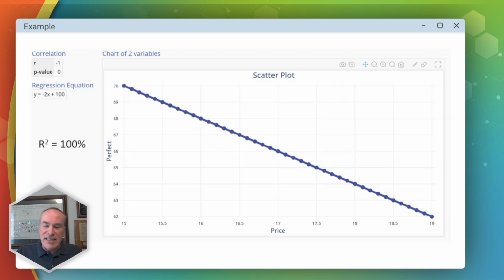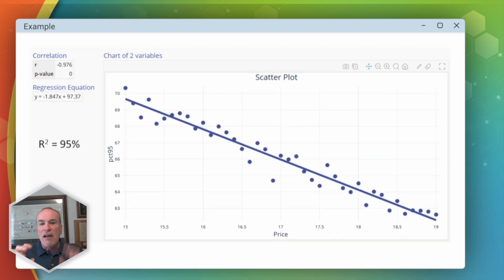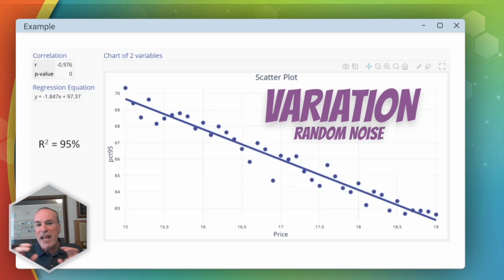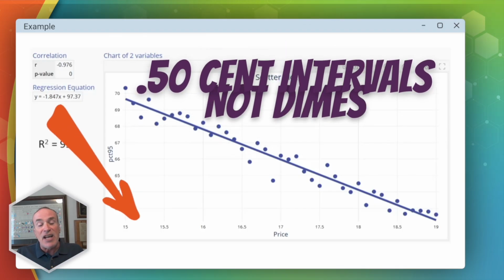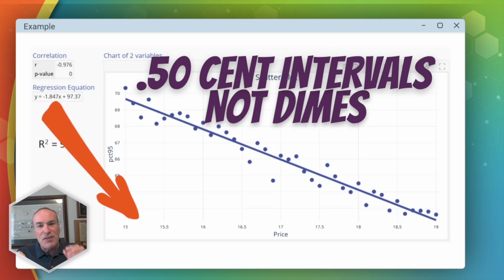So what I did was I created a bit of variation, a bit of random noise. So you'll notice that I have all of this data incremented in dimes. So we go from $15 to $15.10 and so on up through $19.